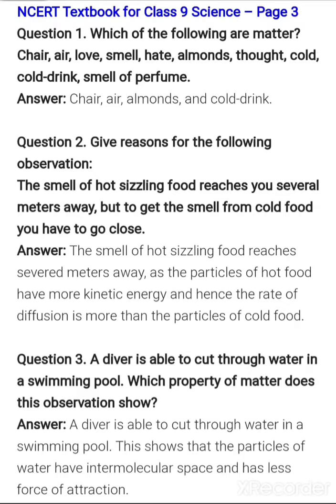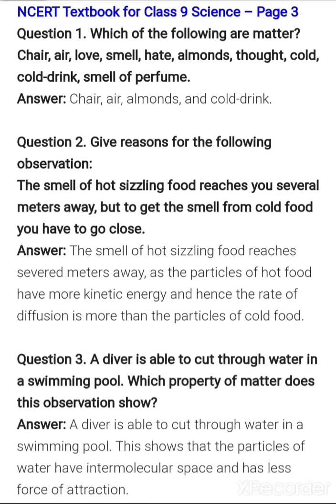In the case of hot sizzling food, because of the greater temperature, these particles move faster compared to the case of lower temperature. When the food is hot, the particles can move much faster.